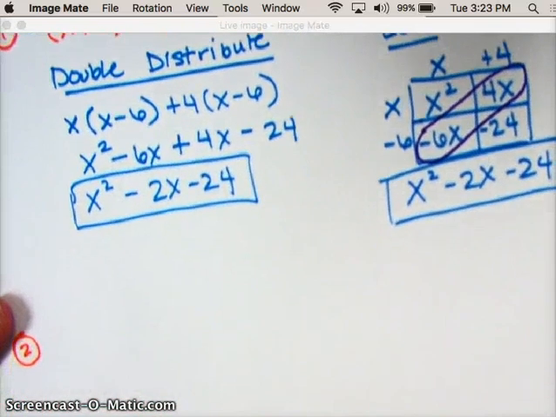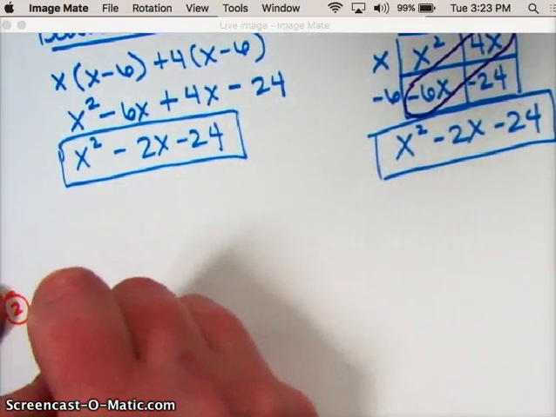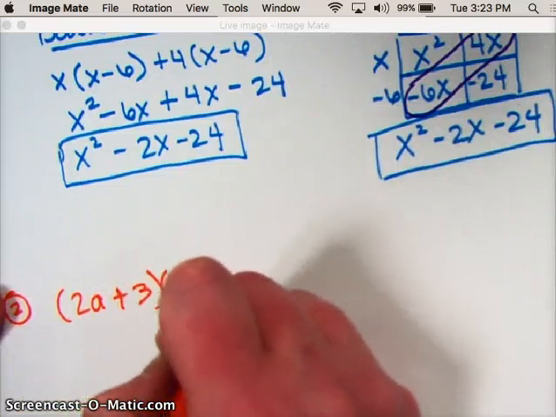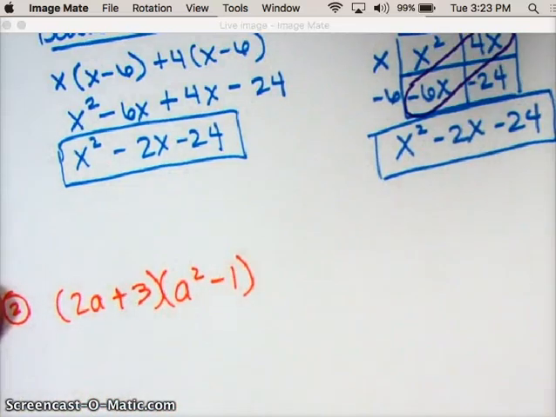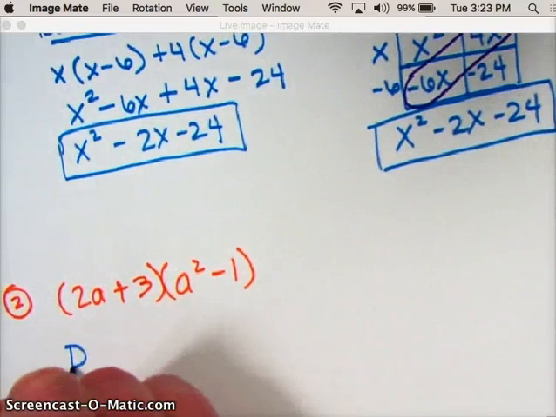So example 2 is 2a plus 3 times a squared minus 1. Okay. So showing you first with the double distribute method.